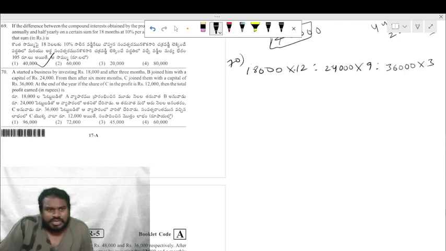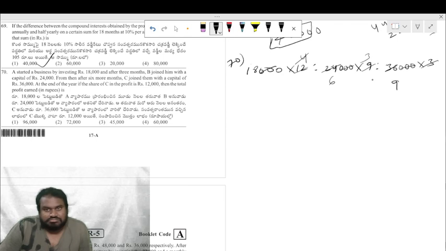First, you find the ratio. So these 3,000 get cancelled. Three ones are three, three threes are nine, four ones are four, four sixes are 24. You should not miss anything.